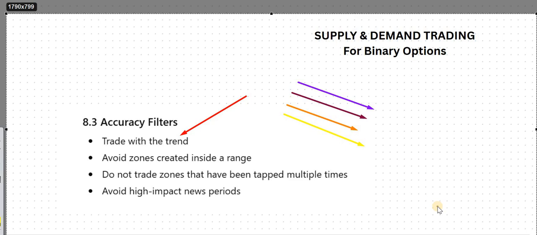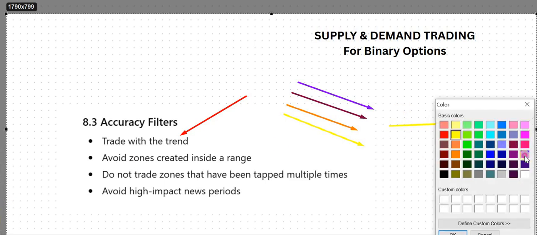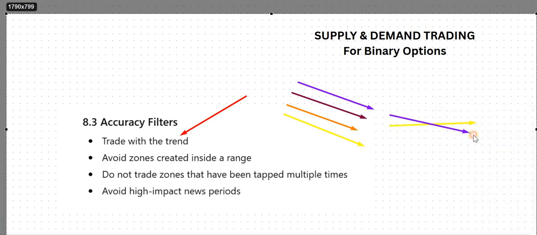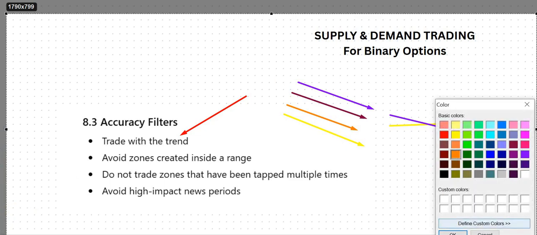So if we think about this, how do we avoid zones created inside range? How do we identify a range? A ranging market is like this. You see the EMAs going like this, you also see it going like this. I know I've told you this before.